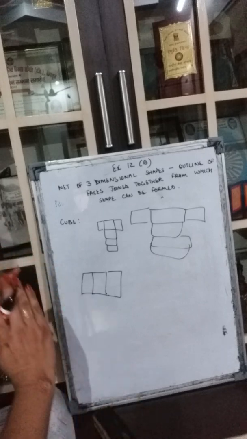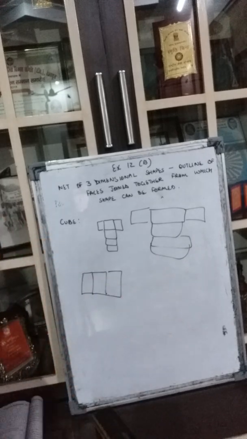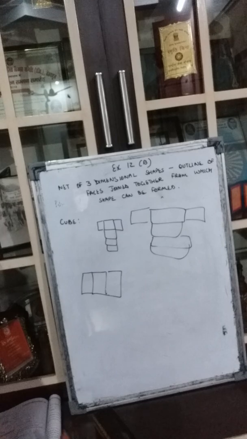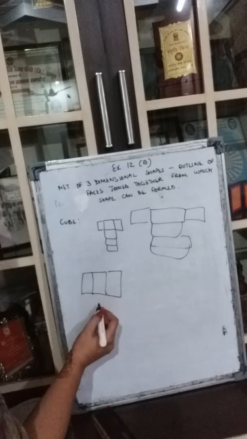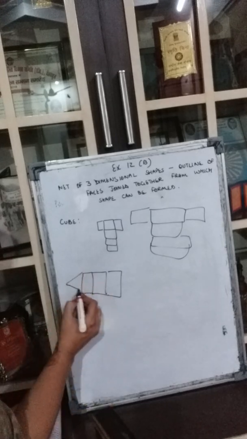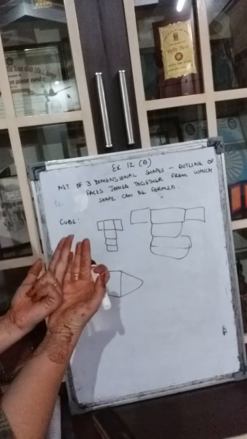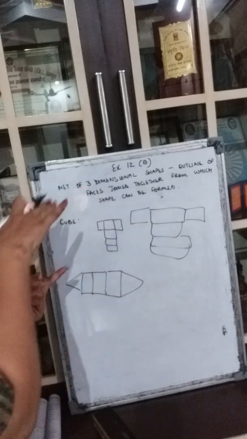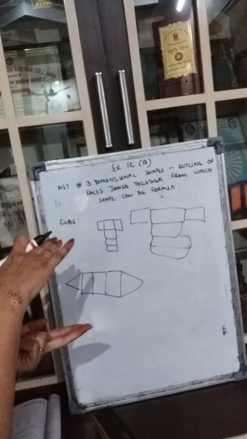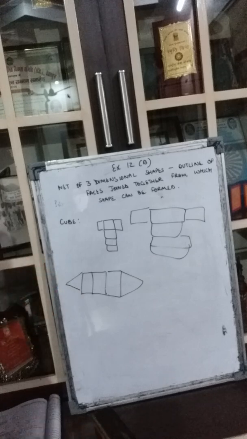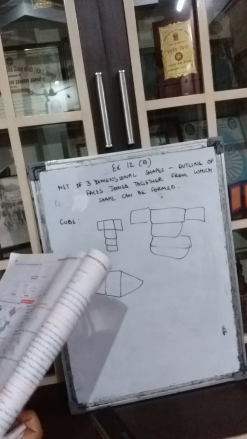So when the shape is opened out, how will it look? We will have three rectangles joined together like this, and two triangles: one triangle on the top, one at the bottom. Somewhere like this will be the net of the prism, right?